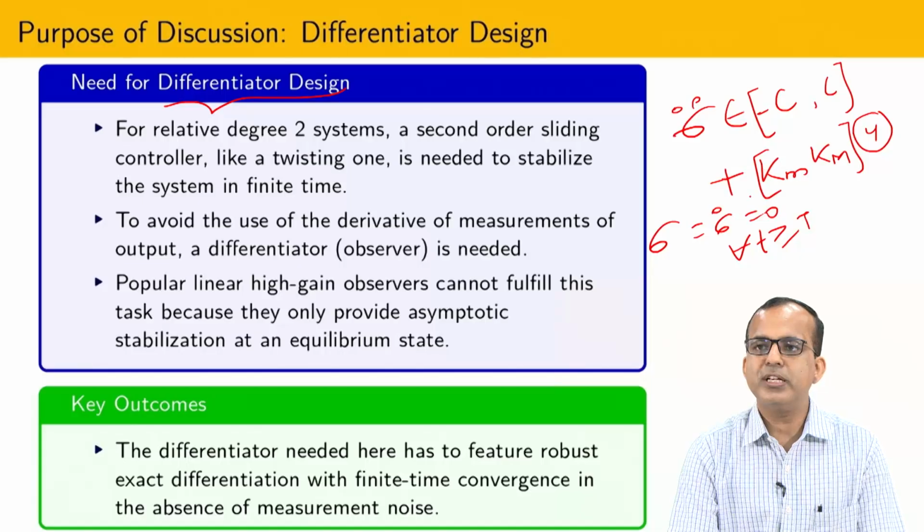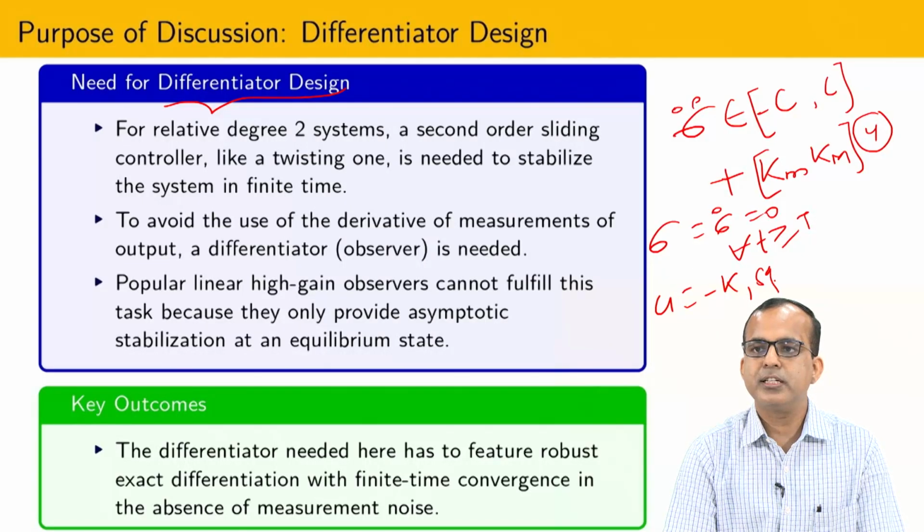One obvious choice for this is K1 signum sigma minus K2 signum sigma dot.